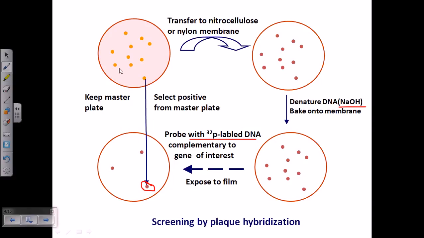So if we compare these two images of the autoradiogram and the master plate, we can see this region, and also this region and this region. These three parts in the original plate are responsible for our desired gene. So we can tell that these three bacterial colonies contain our desired gene. So we can extract the genes from these colonies and do further study.